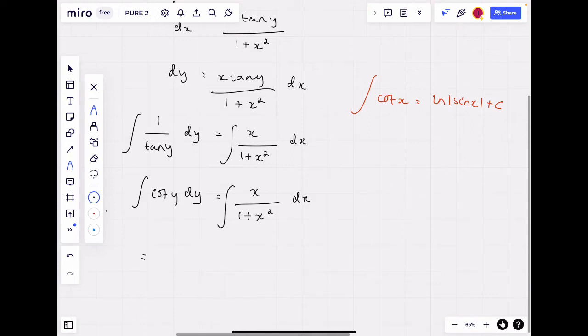The left hand side would just be ln sin y equals, and then making use of the reverse chain rule, you would get a half ln(1 + x²) plus c. Because you're integrating both sides, you don't need a plus c on both sides, you only need it on one side.